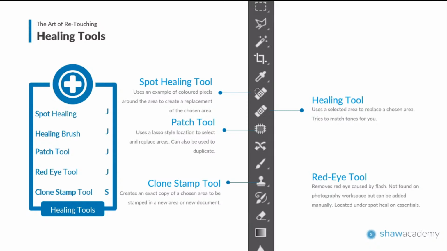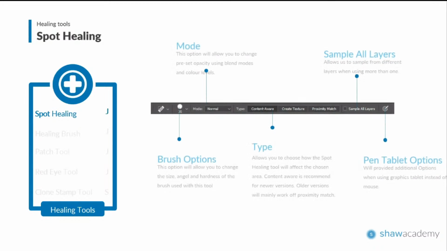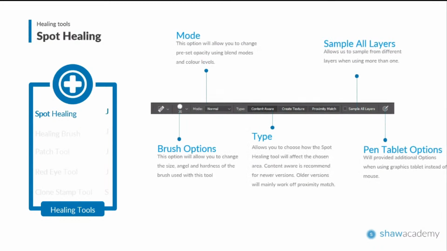Okay, and like every other tool that we use within Photoshop, each of these tools also has its own properties. Most of these are pretty much brush tools, so we're going to be able to change the size and the hardness of the brush. Again, we can change the blend mode like we've seen with our layers. We can actually change the blend mode of these brushes.